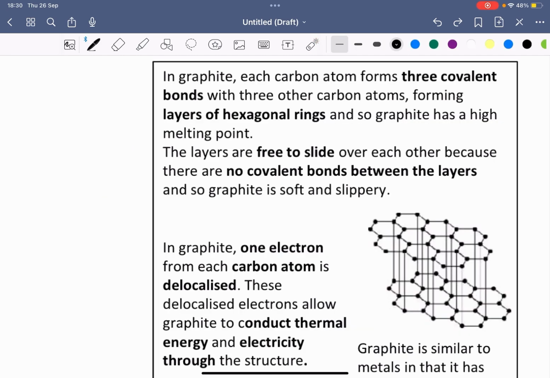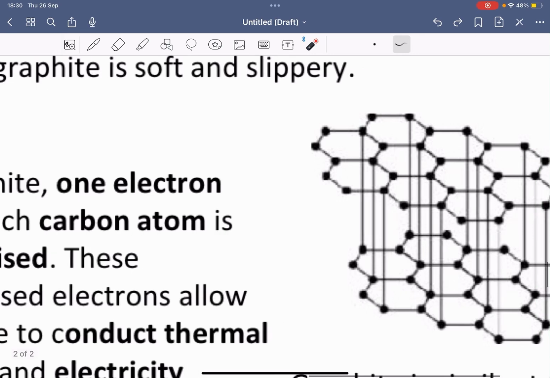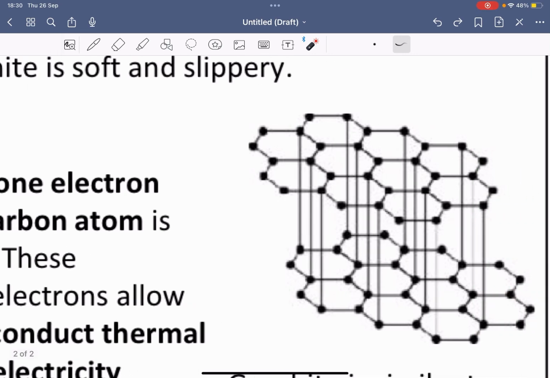In graphite, each carbon atom forms 3 covalent bonds with 3 other carbon atoms, forming layers of hexagonal rings, and so graphite has a high melting point. The layers are free to slide over each other because there are no covalent bonds between the layers, and so graphite is soft and slippery. I said usually there's no intermolecular forces, however, in graphite there is, and that's because graphite is basically a bunch of layers on top of each other.